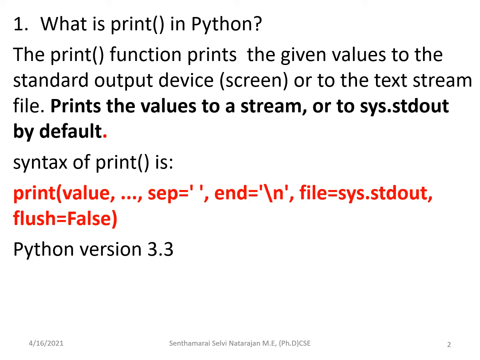By default, printf takes the monitor screen as the output device. The syntax of the printf function is: print value, comma, separator, end, file, and then flush. This is the syntax of the print statement in Python version 3.3.